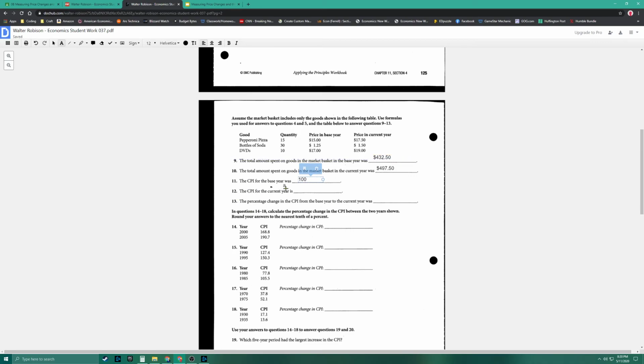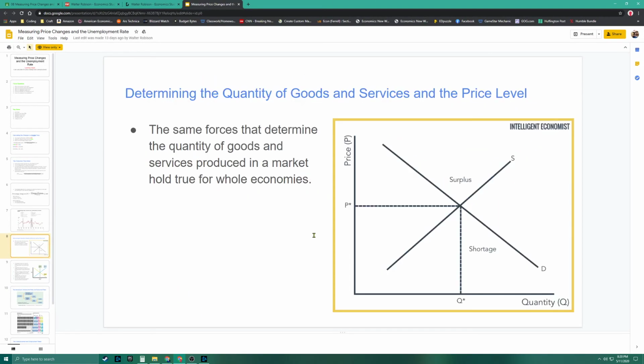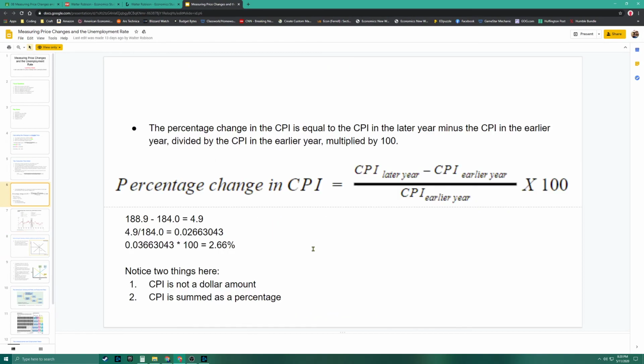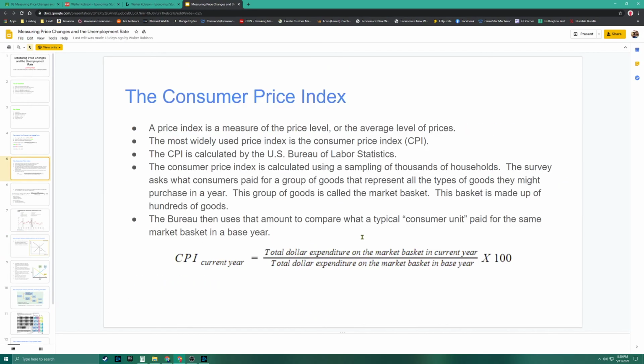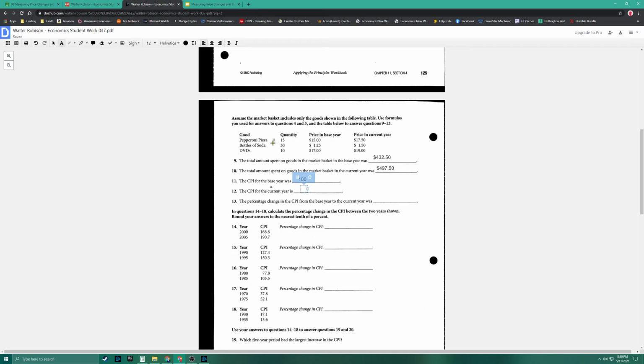All right. So what's the CPI for the current year? So if you remember, this is going to be the change between these two. And when you factor that out, and just use the formula, it tells you how to do this. So we're looking at the CPI, and the difference between these two numbers is going to be 115.